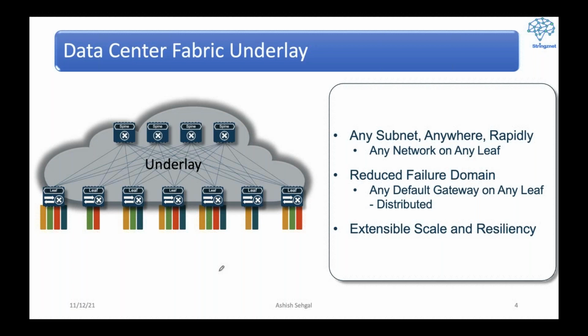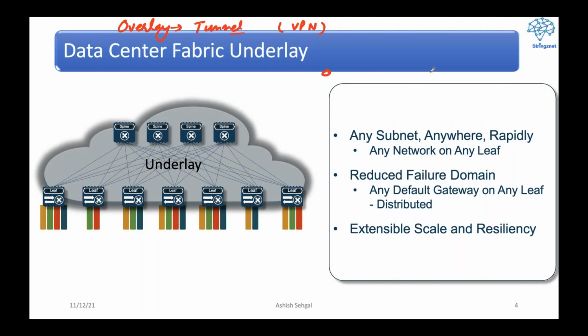Now, we should know the difference between underlay and overlay. Guys, this VXLAN is an overlay technology. Whenever the terminology overlay comes into the picture, just think that this is a tunneling mechanism. First time we heard of tunneling in the case of VPN, virtual private network.